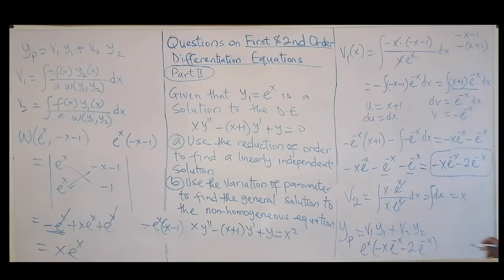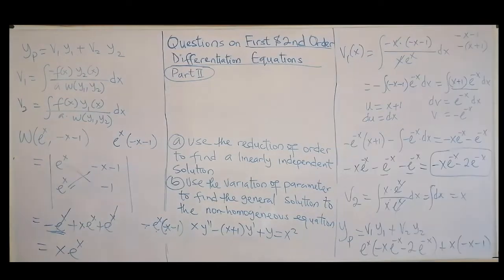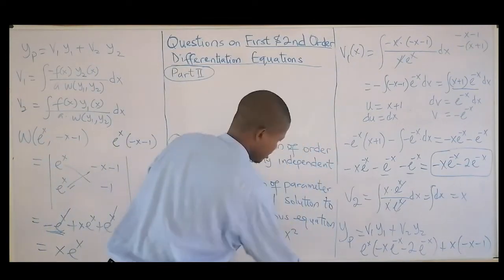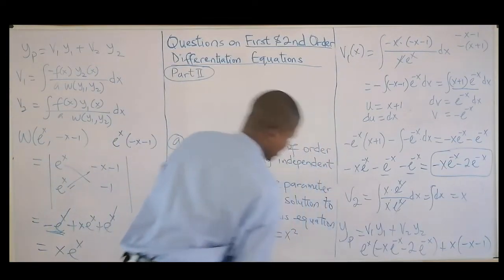Okay, then plus v2 is x into brackets, y2 is minus x minus 1. So this is v2. We just need to do the little algebra there, which is just to expand this one times this one. This is a plus here, this is negative, so that one cancels.